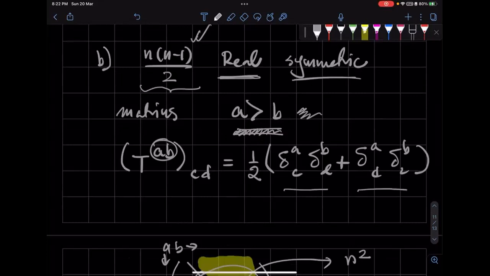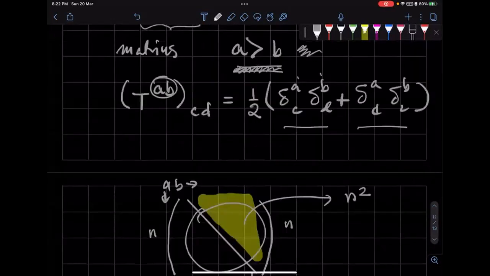And because A is never going to be equal to B, when we take the trace, it's going to give us 0, okay?